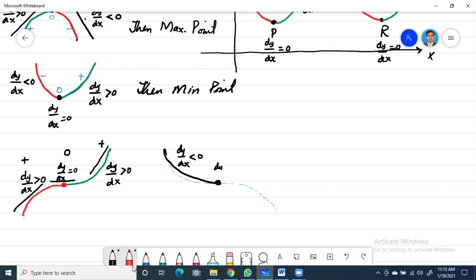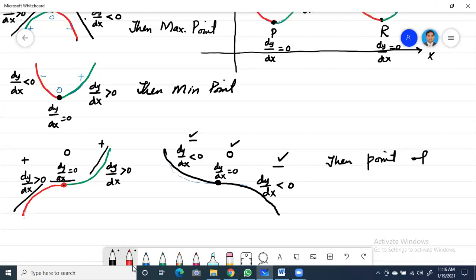Here at the stationary point, dy by dx will be equal to 0, and after that on this portion of the curve, again dy by dx less than 0, or here gradient is converting from negative to 0 and again negative. This third type of stationary point is called point of inflection. Then this turning point is called point of inflection.